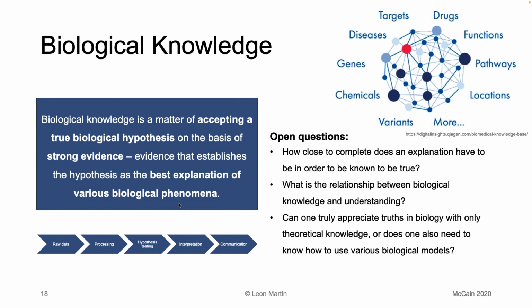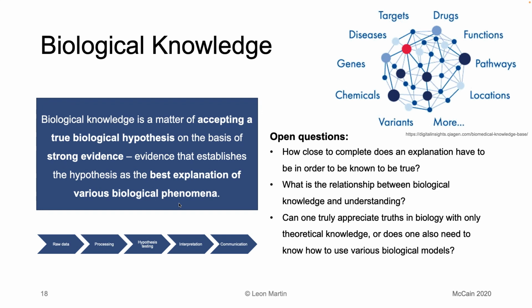So we have this belief, a biological hypothesis, and we have strong evidence. So it's through a justified belief, or rather a really reliable method, and we're accepting it as the truth. So it's still a bit tricky to answer the questions: how close to complete does this explanation have to be in order to be known to be true?